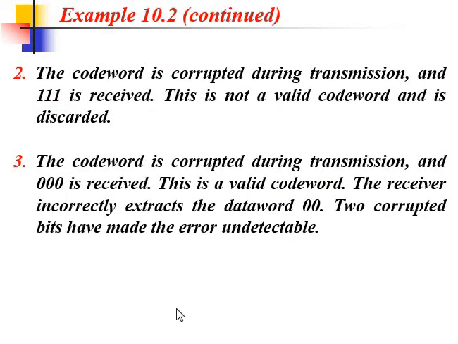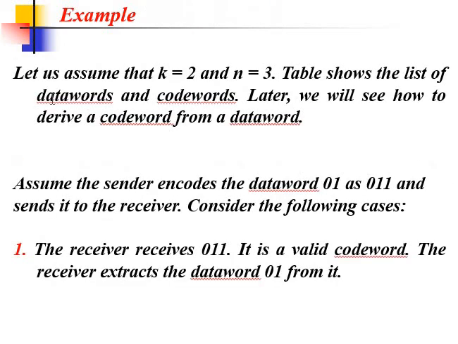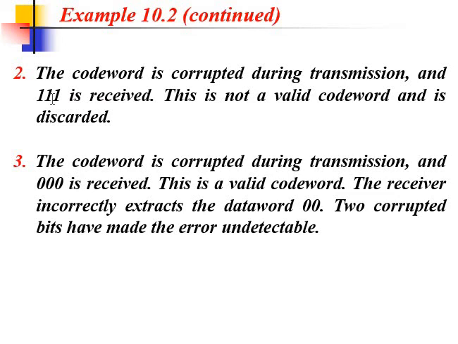If it gets a corrupted code word during transmission, say the message becomes 111, and it discards the redundant bit, the message is 11, which is not the same. Our original message is 01 and we got 11. So this way it will find there is a corruption in the transmission, and the message will be discarded.